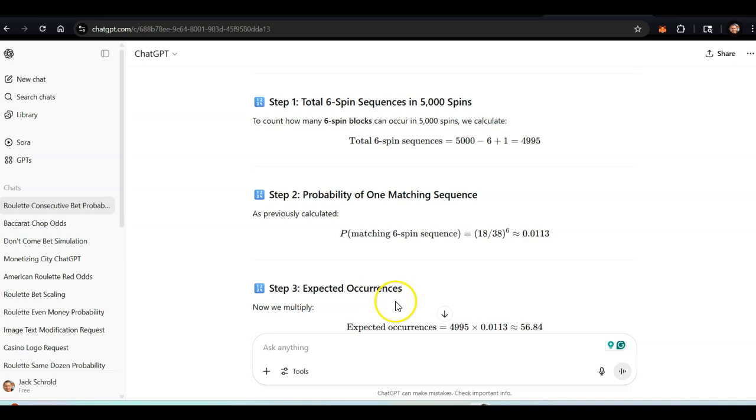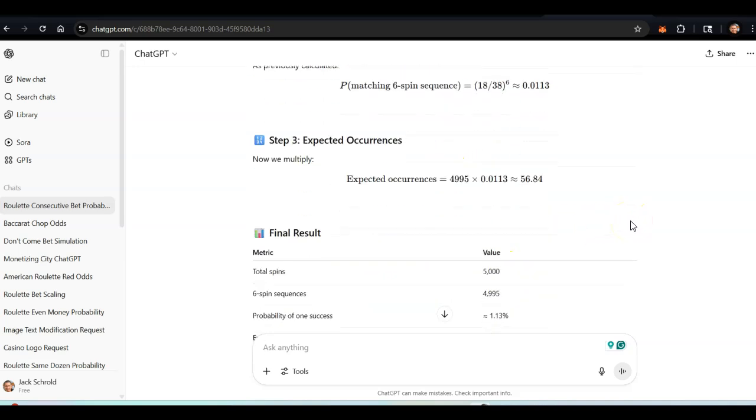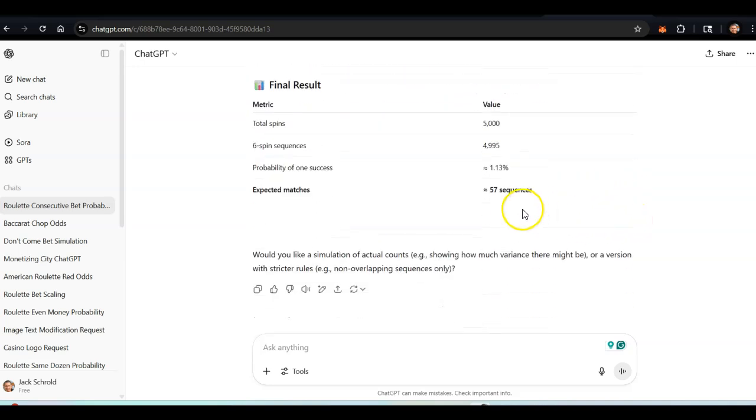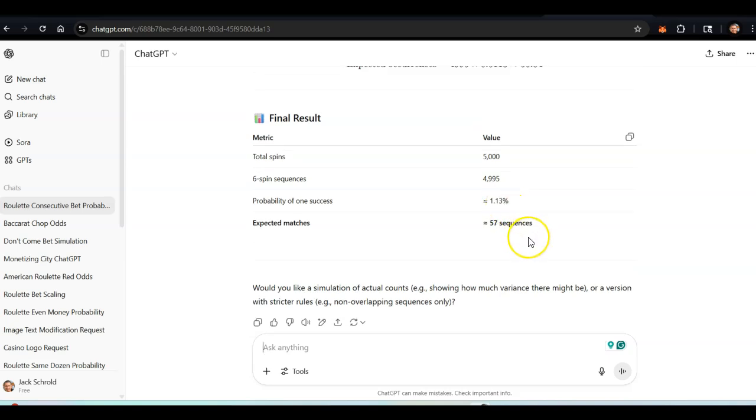So this is how it's doing the math. 57 times. So now we had 5,000 spins, and it's 57 expected sequences. All right? So basically what it's telling us is 57 sequences out of 5,000, it went straight across.